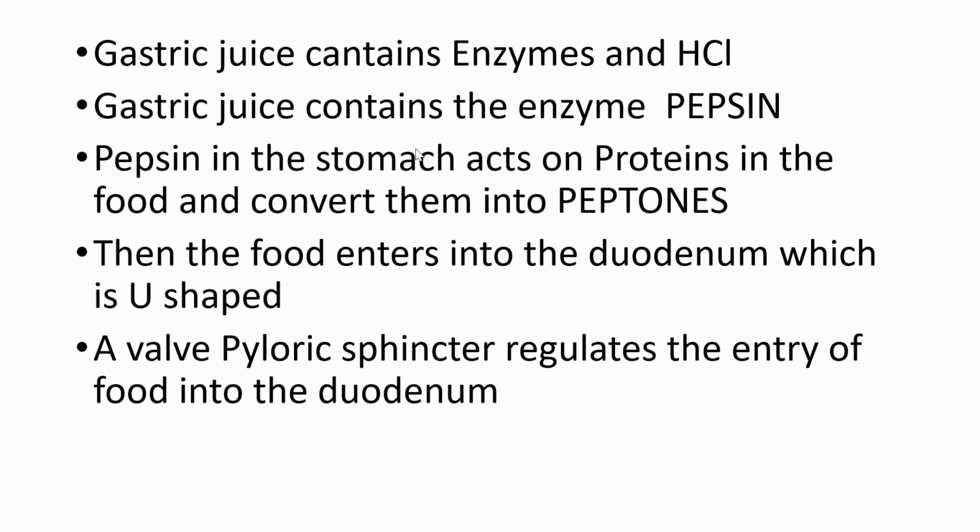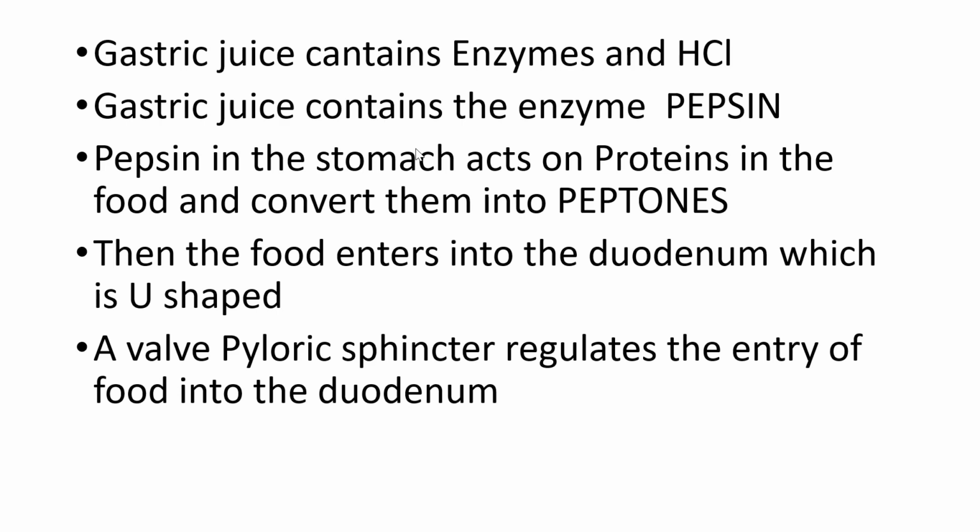Gastric juice contains enzymes and HCl. HCl mixes with the food and neutralizes it. That process is called neutralization. The enzyme pepsin in the stomach acts on proteins in the food and converts them into peptones.